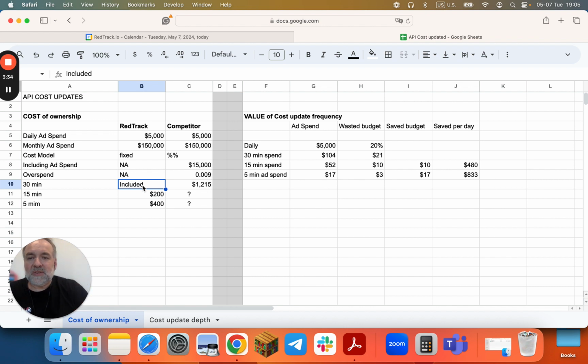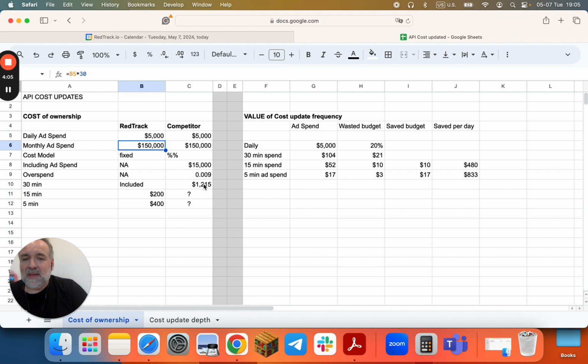Of course, we charge a bit extra for 15-minute cost updates and 5-minute cost updates, and this will be a fixed monthly price for this ad spend, and it will actually be the same fixed price for twice the ad spend. I'm not sure if any other solutions are doing 15 and 5-minute cost updates and how much they charge.